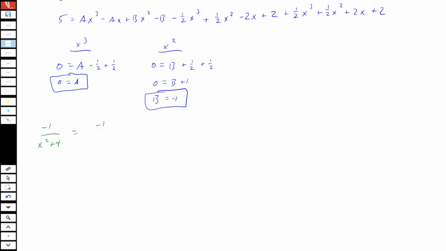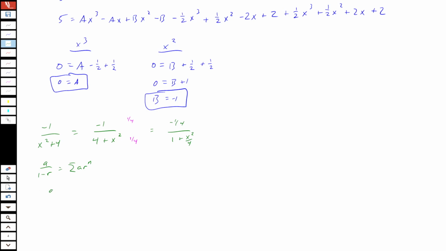I'm going to rewrite this as negative 1 over 4 plus x squared, and then multiply the top and bottom by 1/4. Just like we did before, because I like to have a 1 in this first spot. So I have a negative 1/4 over 1 plus x squared over 4. Okay. And I know a over 1 minus r is the sum of ar to the n.